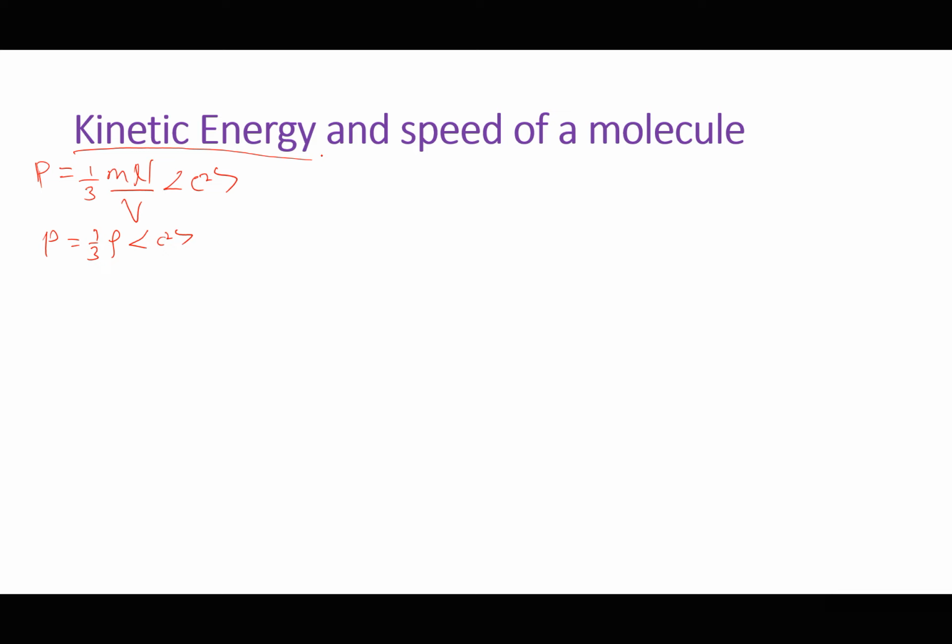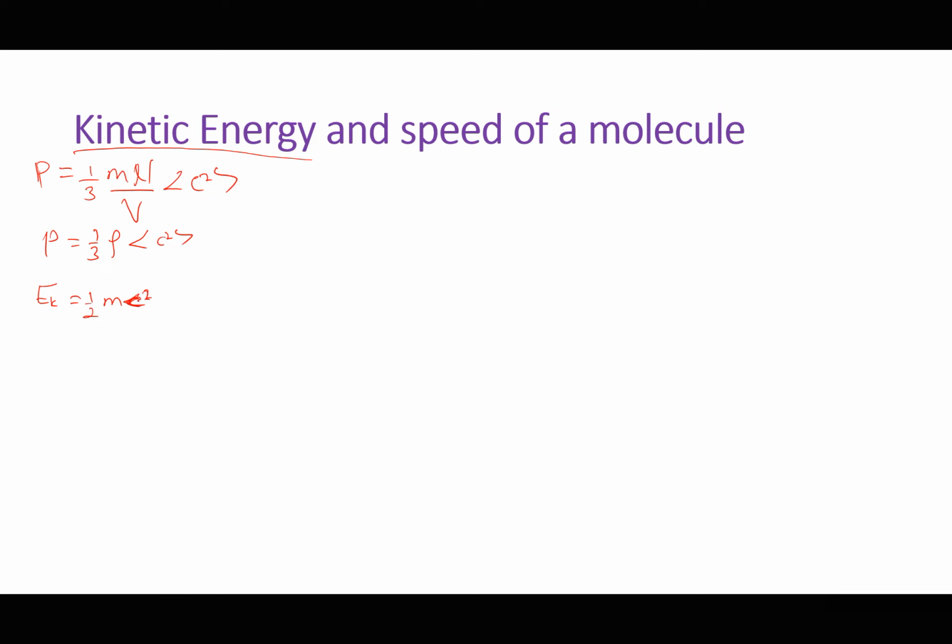We know by definition kinetic energy is the energy possessed by a body in motion or due to its velocity. Since we are looking at a large number of molecules, the kinetic energy Ek is going to be equal to a half m c squared, because c is the resultant speed of a single molecule in all directions.